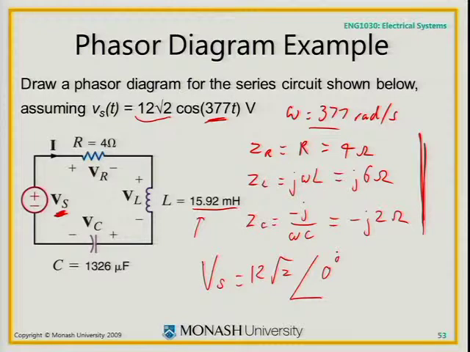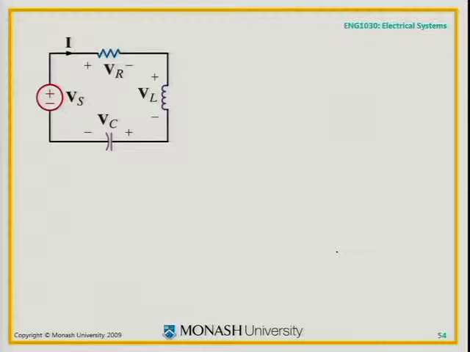If they were resistors, how would you find the current? You'd add up the three resistors in series and go Vs divided by R. That's all we do now. Exactly the same approach as you would have taken if everything was just a resistor. That's the key. So this is 4 ohms. That's j6.